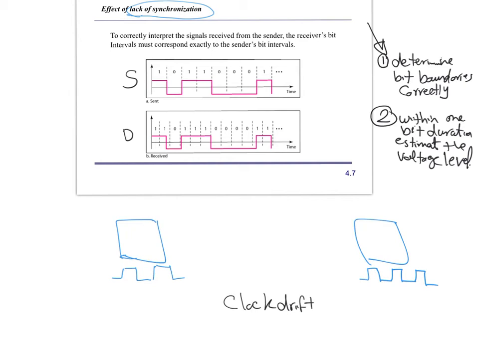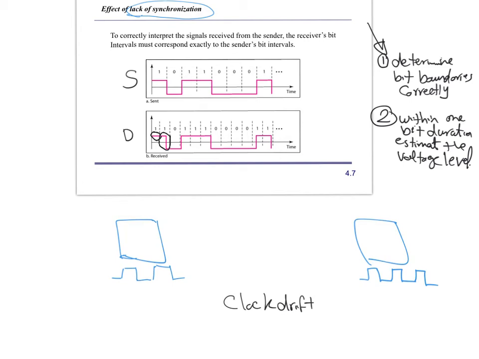So what is the effect of lack of synchronization? Well, it's drastic. Let's see. Here, the receiver will say, okay, so here the bit duration is positive. Within this bit duration, the voltage level is positive. So this is 1.